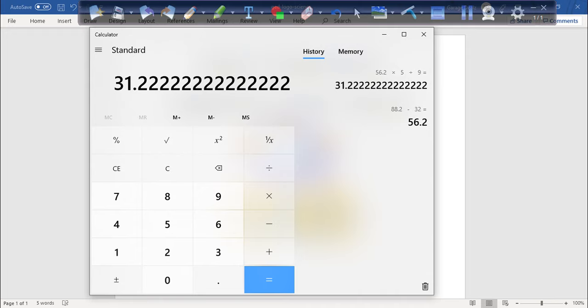Okay, so here, the only calculator you can use is the TI-30XS MultiView calculator. It's a Texas Instruments brand calculator. You need to get that calculator.